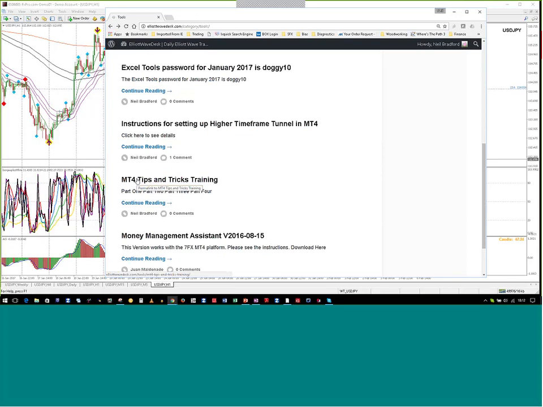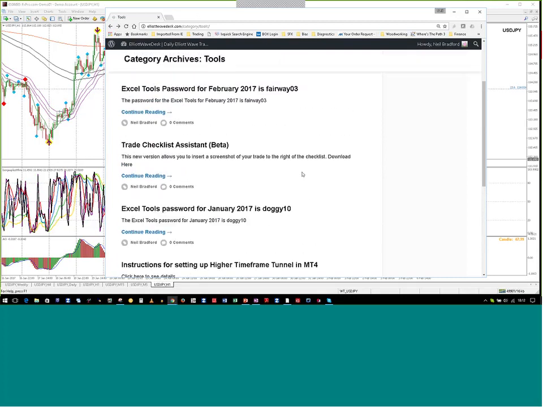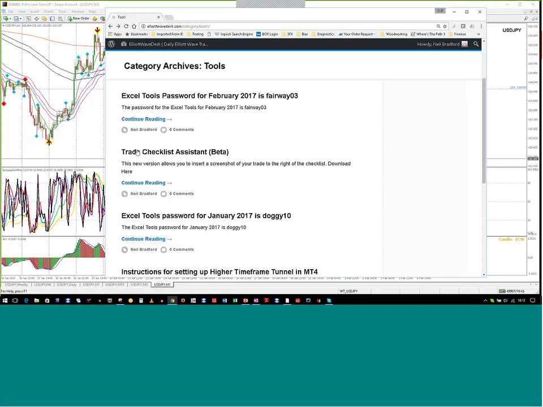Now, the other thing that's in here that we will look at maybe next week is this Trade Checklist Assistant. Before next week, it might be useful if you want to download that. There is a zip file with an Excel spreadsheet and an instruction page, a PDF.